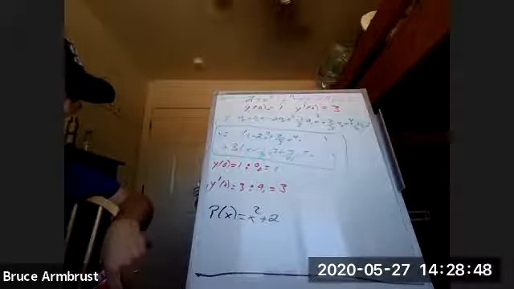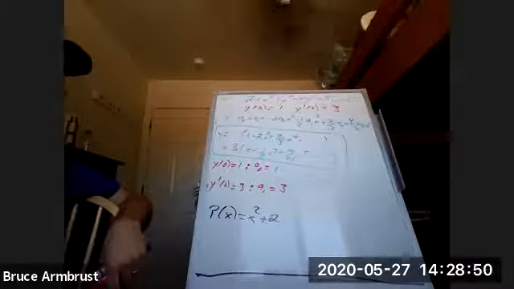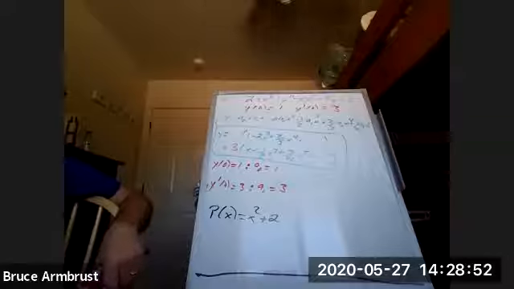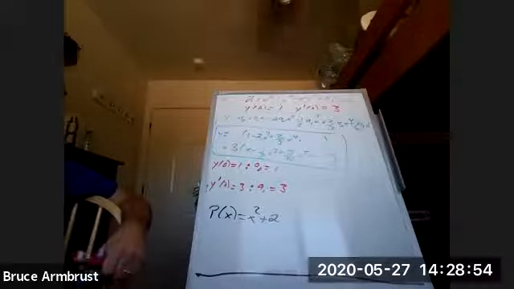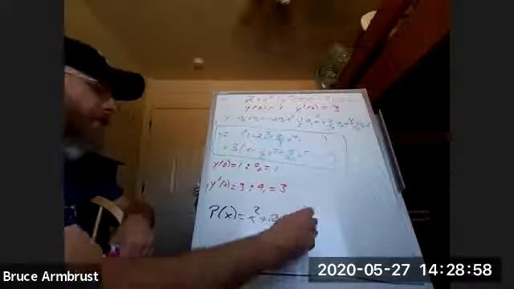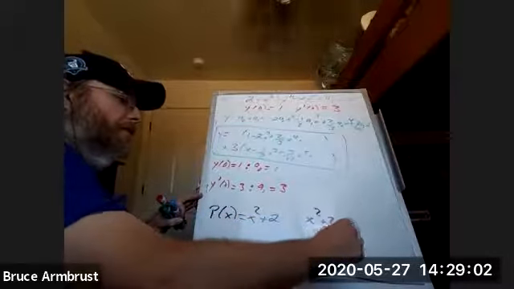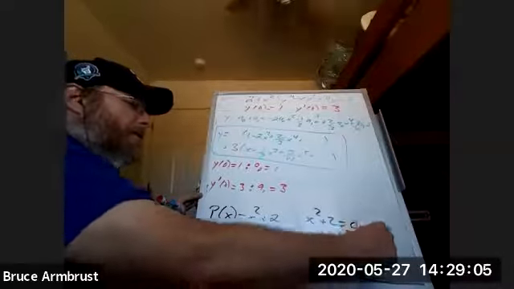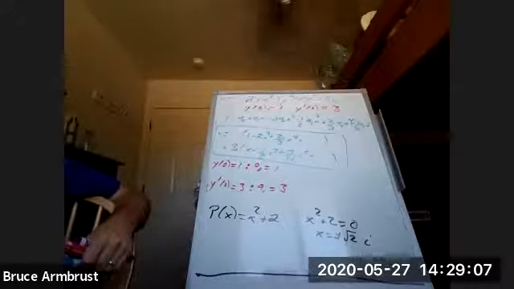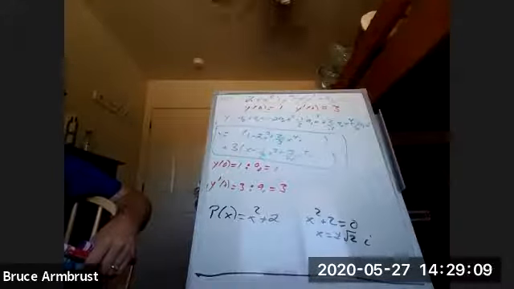Now you're going to have to be careful because you're going to look at that and you might go, oh, there are no zeros. And there are no real zeros, but there are complex zeros, right? If I take x squared plus 2 and set it equals 0, that's going to give me plus or minus the square root of 2 times i.